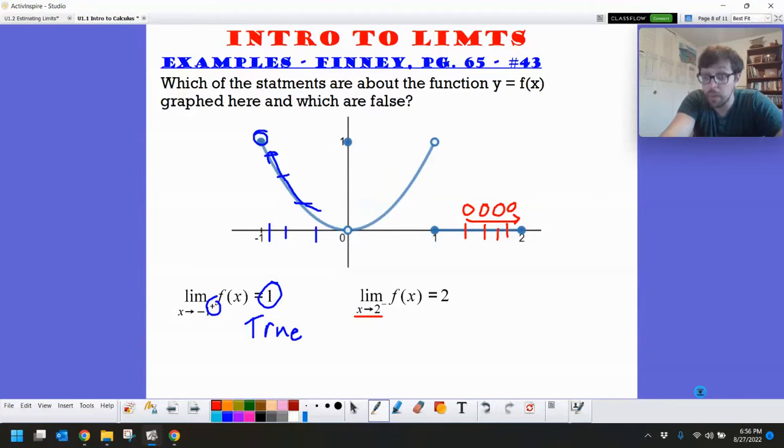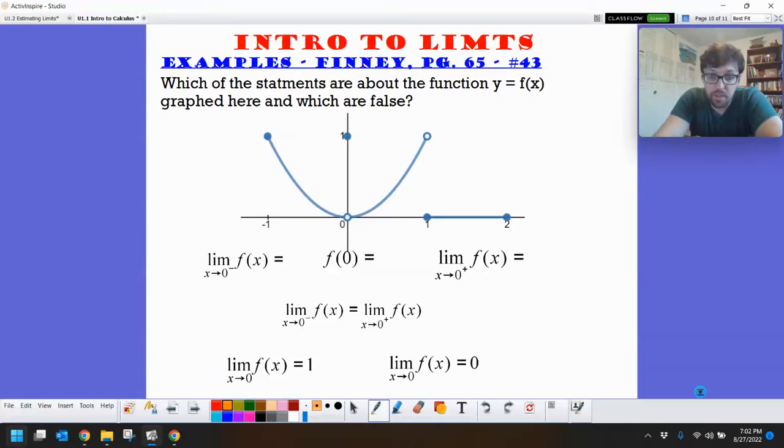We're not going to get quite to 2, but we're going to approach 2. But it seems to be doing 0, 0, 0, 0, 0. So we could assume that as x approaches 2, the limit is not 2. This is false because the actual value of the limit is 0, not 2.